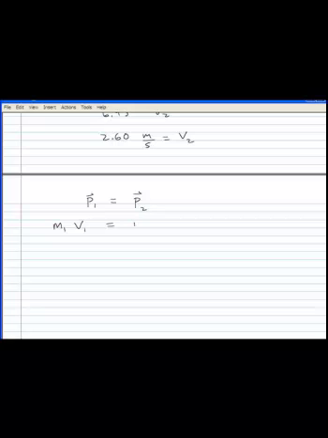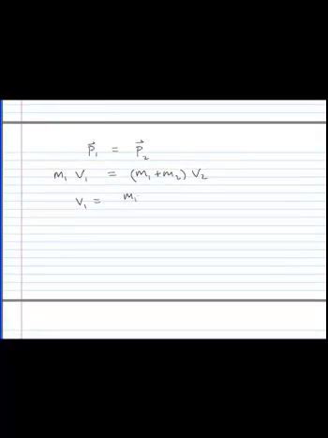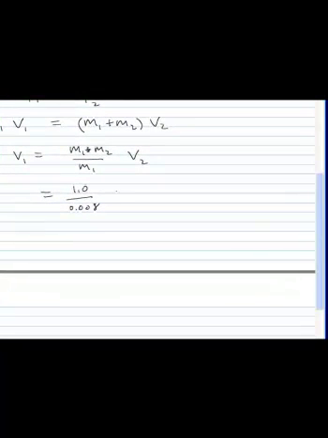And at the end we have the two objects moving together at velocity V2. And let's see, I plug everything in. I got 325 meters per second.